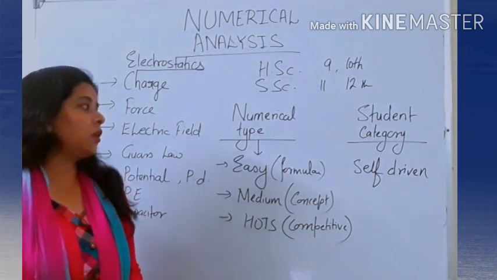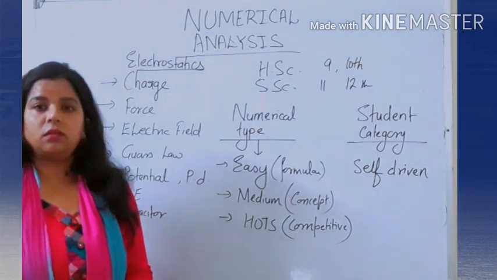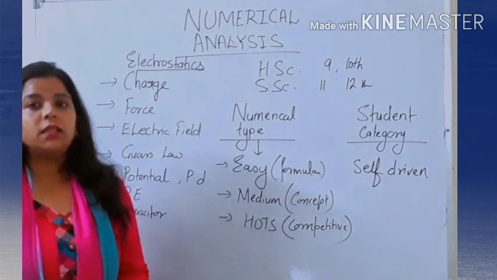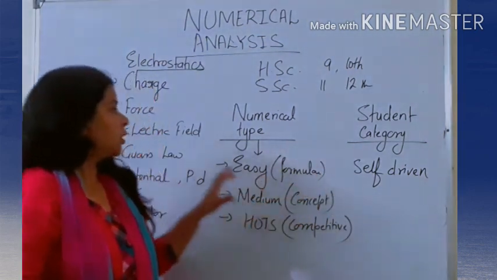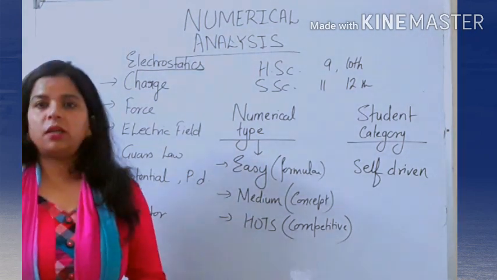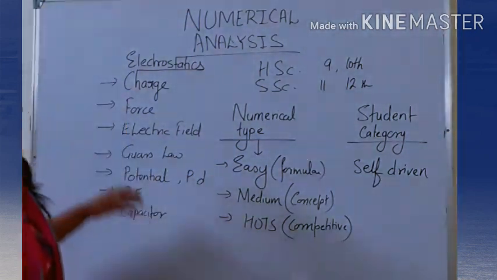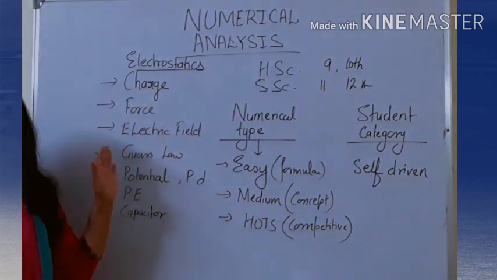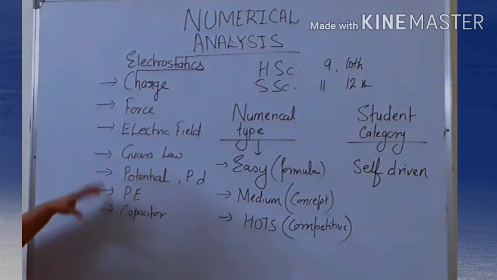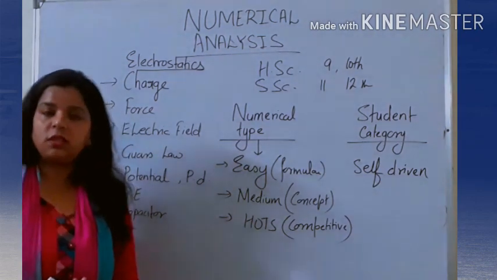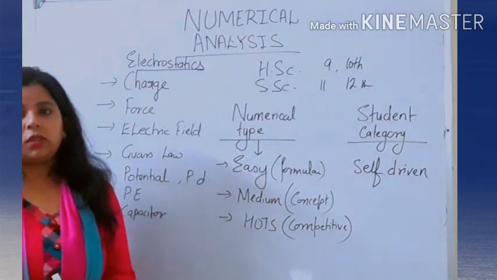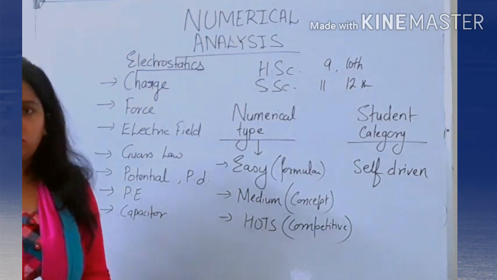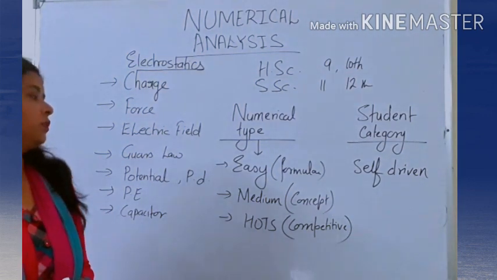They are very hardworking and devote so much time to studies. They can solve all three types of questions, at least 100 questions for each topic group. You can solve 100 questions from charge, force, electric field. Then Gauss law, potential energy, capacitance, around 100 questions as well. I solved them in my school time, so that's why I can suggest that you can too. So the first one is self-driven.